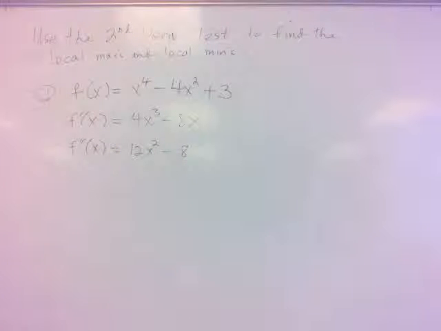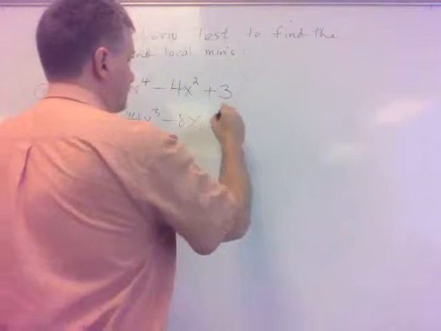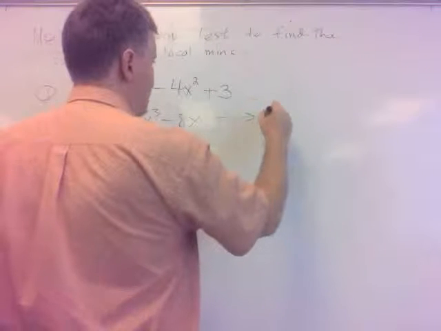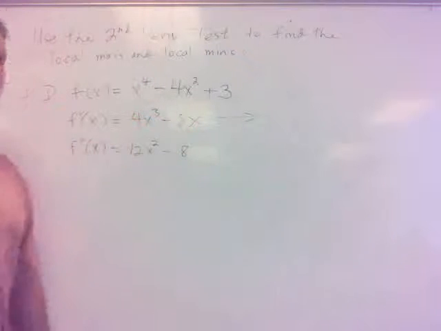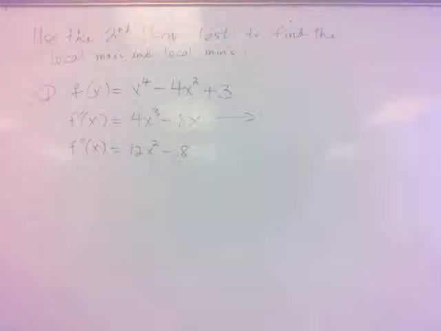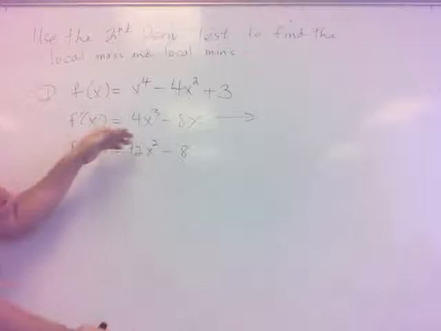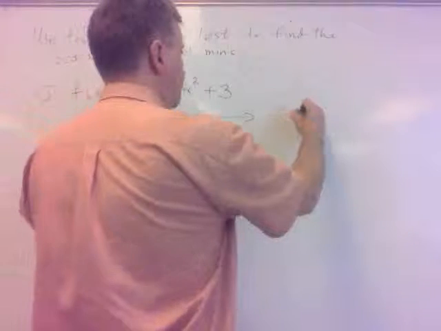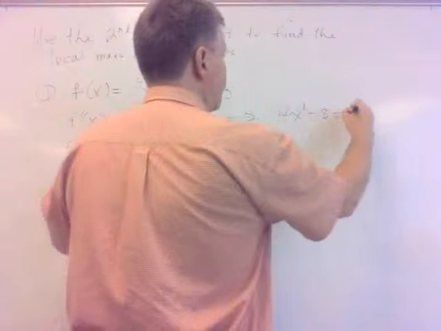Go ahead and get both the first and second derivative, but locating which values possibly have local mins and maxes is still the same thing. We're looking for the critical numbers, right? And on the second derivative test, we're looking for the critical numbers where the derivative equals 0. So I'm going to start the same way, set the derivative equal to 0, and find my critical numbers.